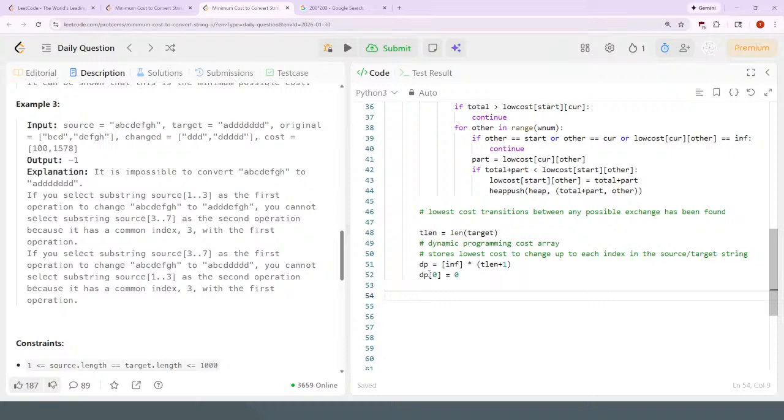Okay. So for every index k in range t length, or is it range t length? Yeah, that's right.